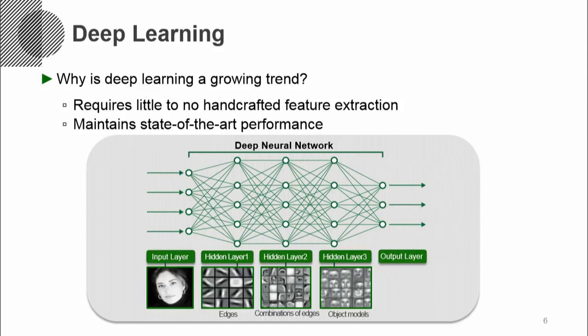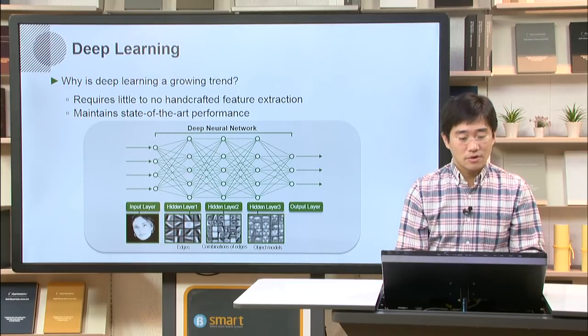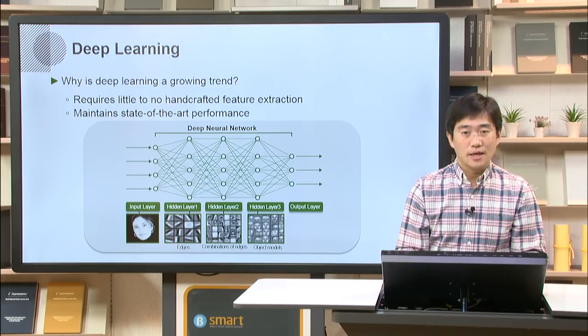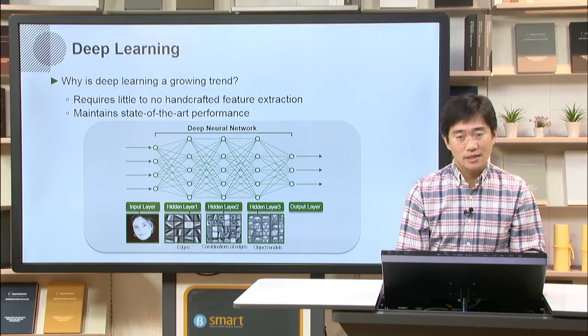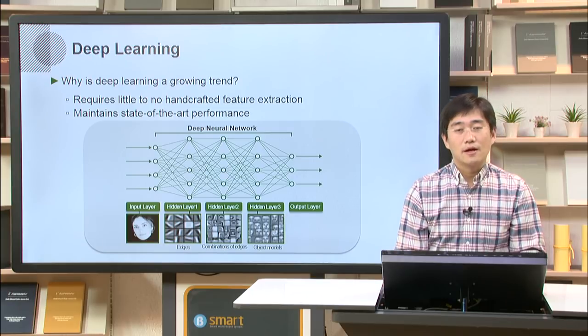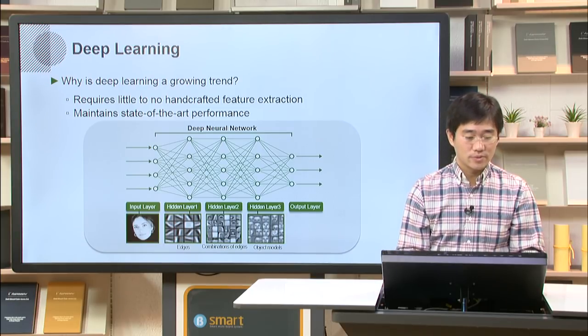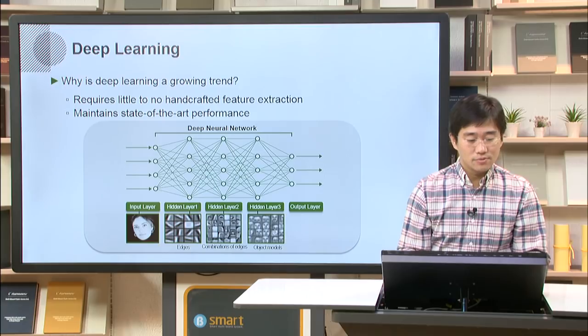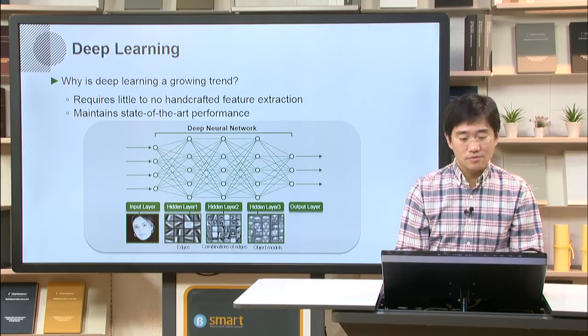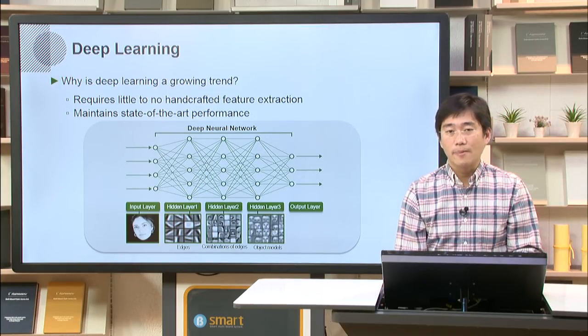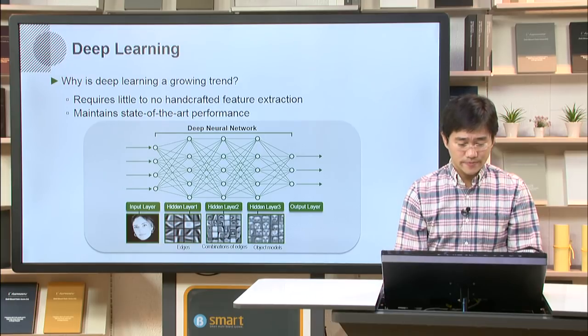But in the case of deep learning, without this feature engineering step, just using the raw data, deep learning can handle those data effectively and extract meaningful features, leading to high classification performance. Through this process, it maintains state-of-the-art performance in many important applications.